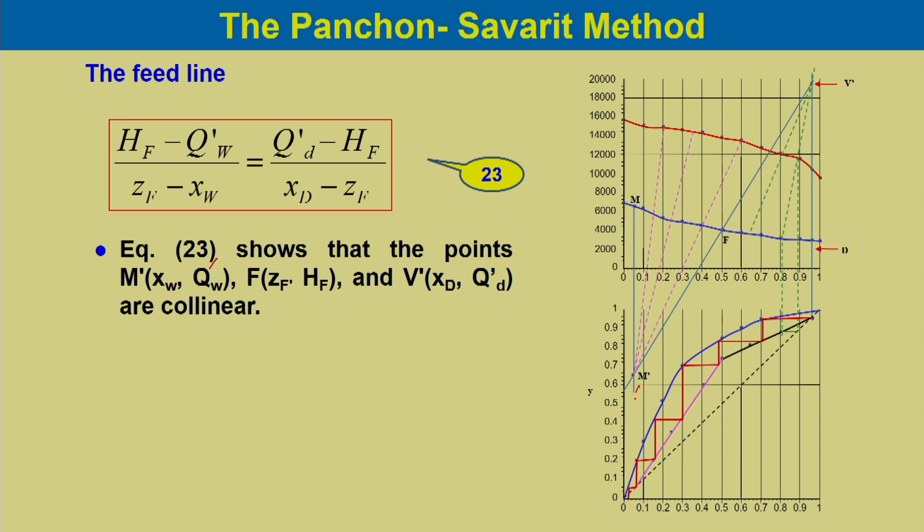So, this is XW, QW dash, this feed point is ZF, HF, and this is XD and QD dash.